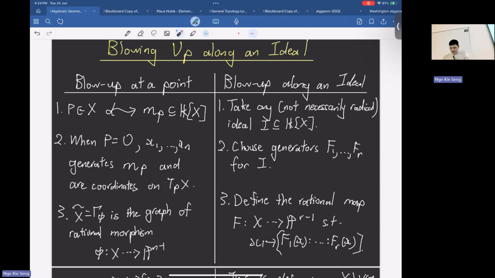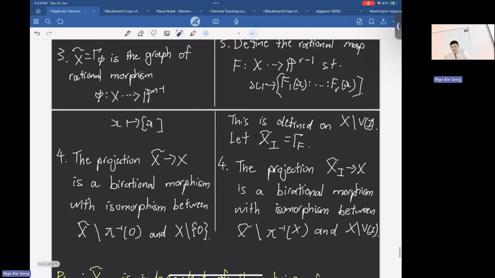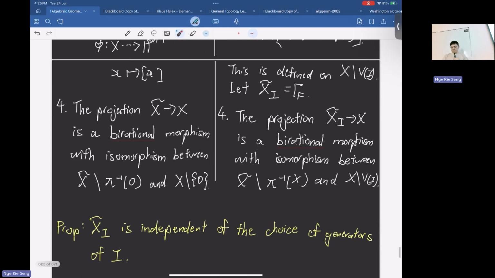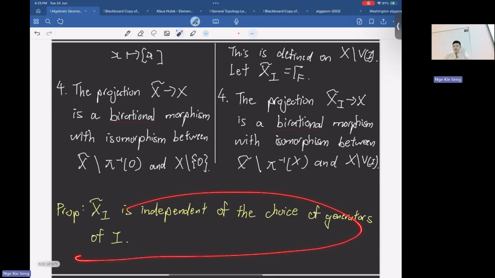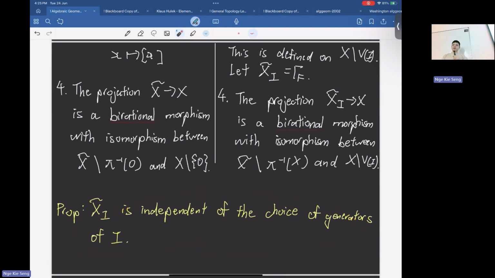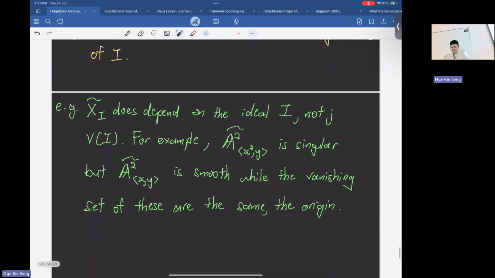Then you look at the graph of it. Previously we looked at the graph: the point plus the line containing it. So similarly here, you look at this point plus the line containing this image. And one thing you need to show is that this is independent of the choice of generators.